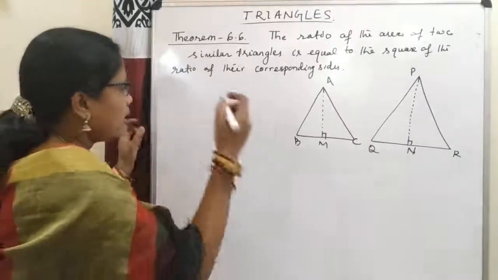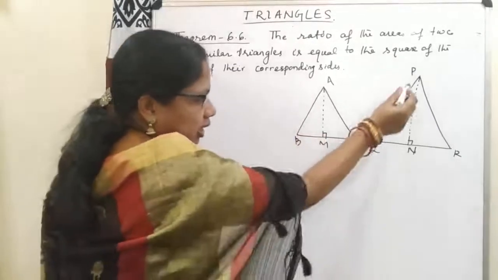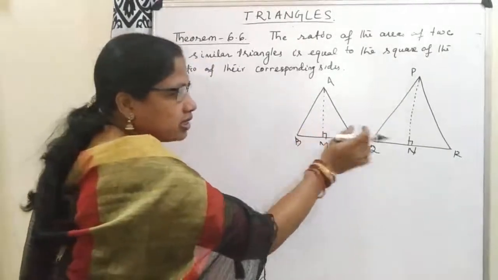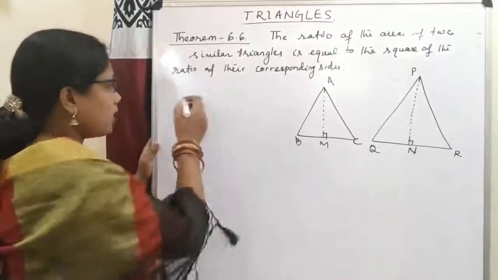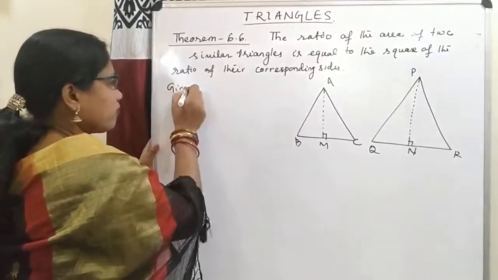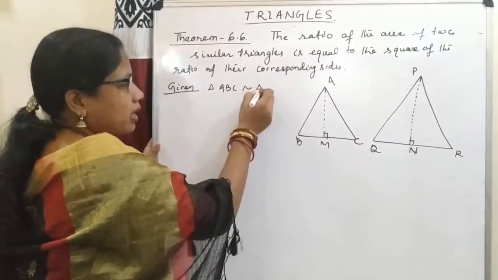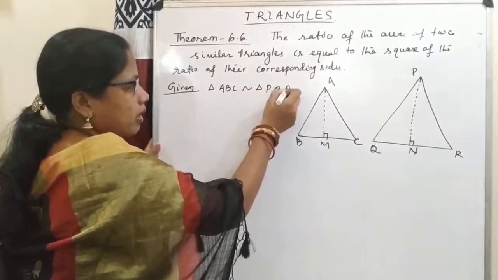So here ABC is a triangle and PQR is a triangle. The triangle ABC is similar to triangle PQR. So given, triangle ABC is similar to triangle PQR.